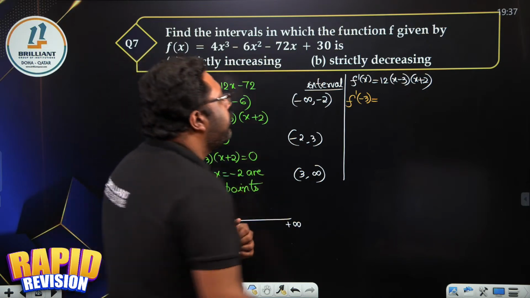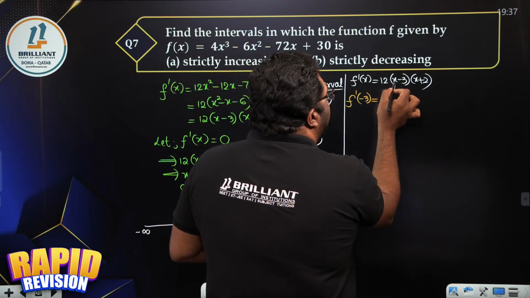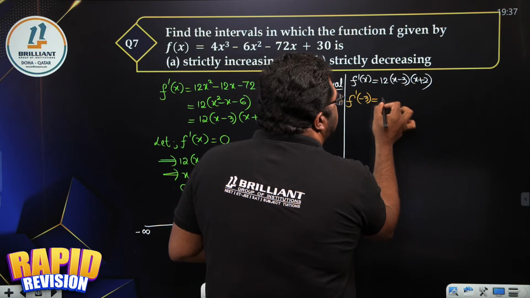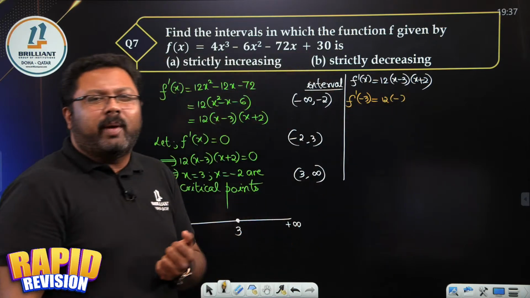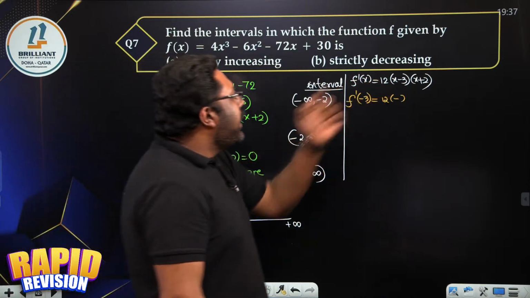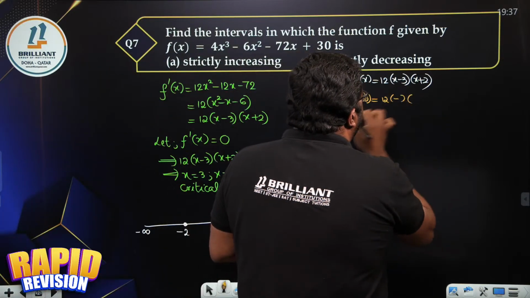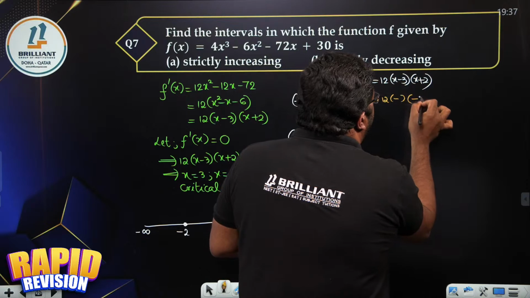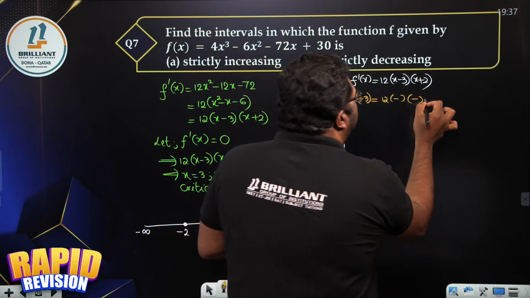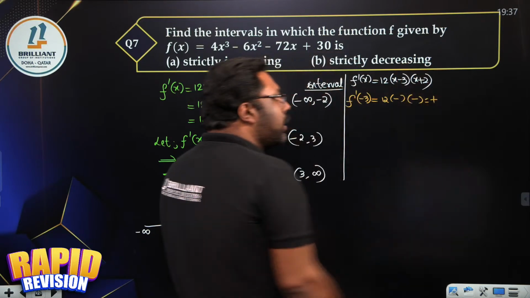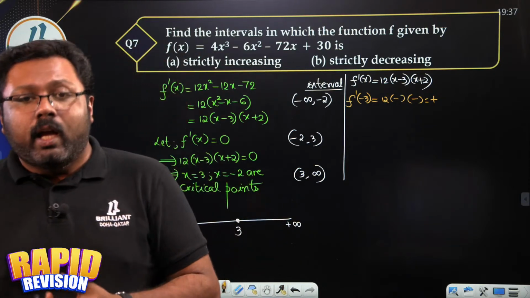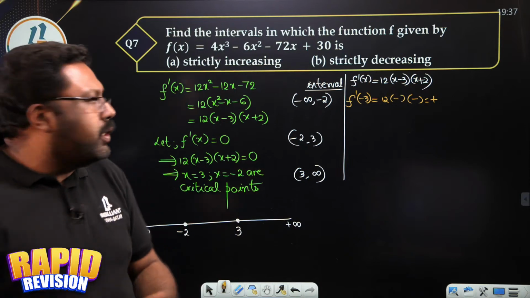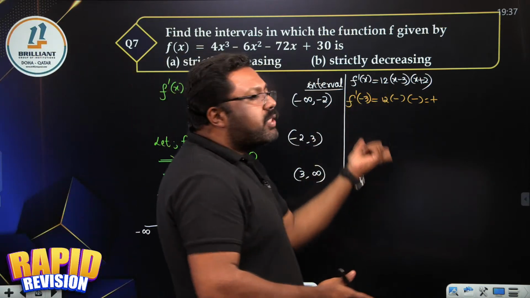Positive or negative? 12 is positive, minus 3 is minus 6, which is negative. Minus 3 plus 2 is again negative. So the product of negative and negative is positive. Nobody is asking you to find the exact value. They are interested to check whether it is positive or negative.